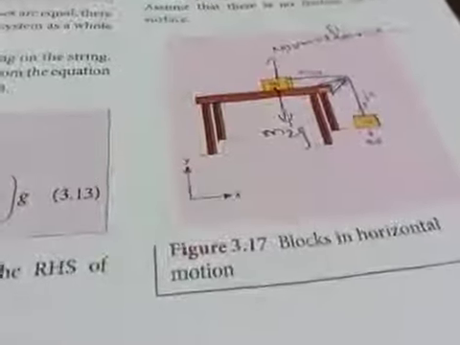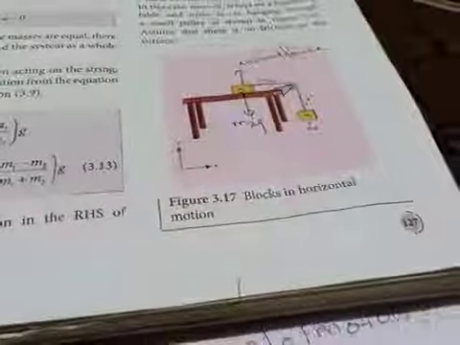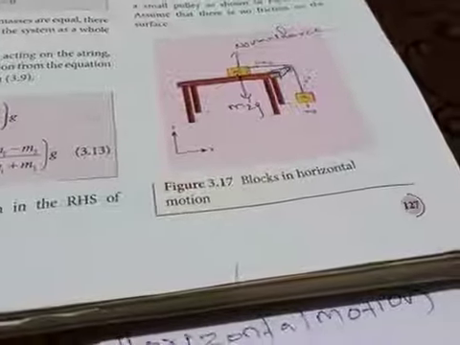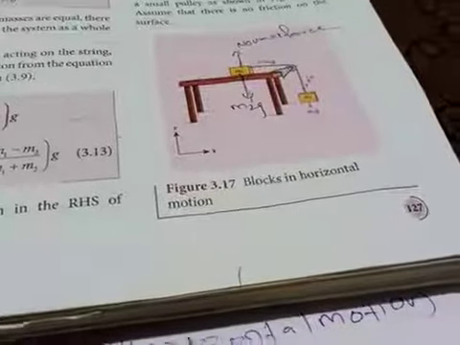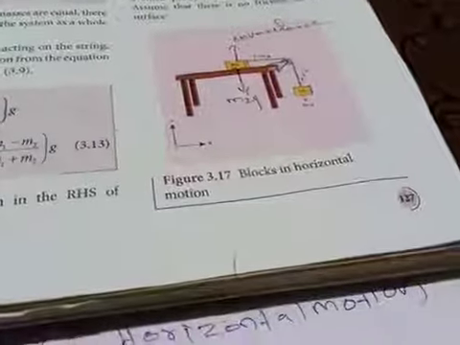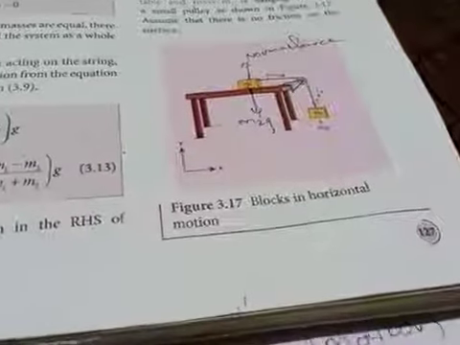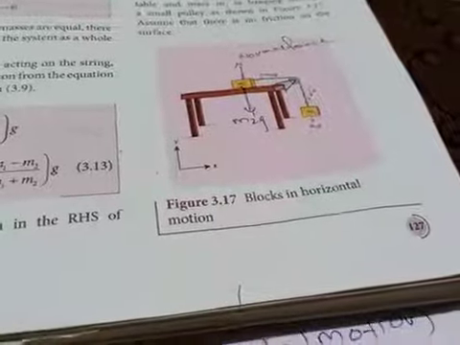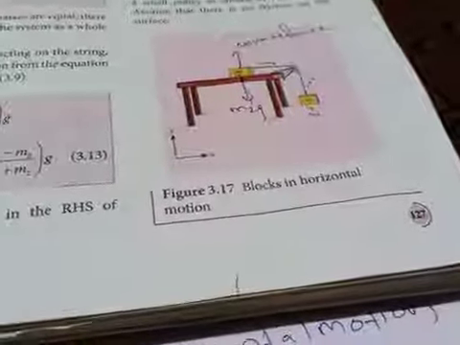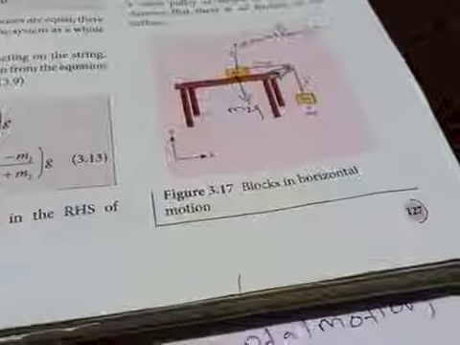So this is mass M1. Putting mass M1, downward is M1G, upward is tension. For mass M2, downward is the gravitational force M2G, upward is the normal force, and in this direction is tension. So this is the free body diagram.